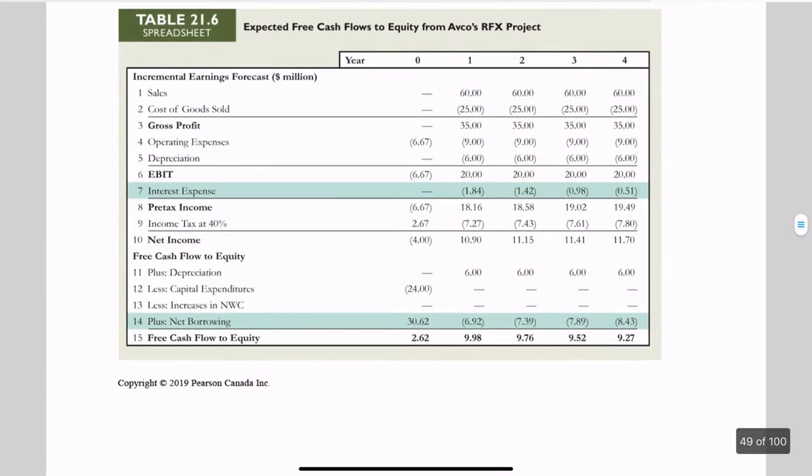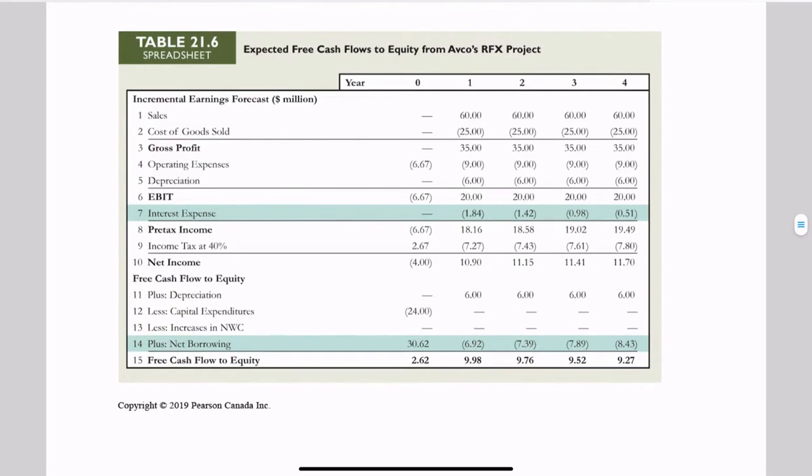Okay, let's see how we could calculate the free cash flow to equity, right? So let's say we just look at one specific year. Let's say we focus on the first year, and we start from net income.